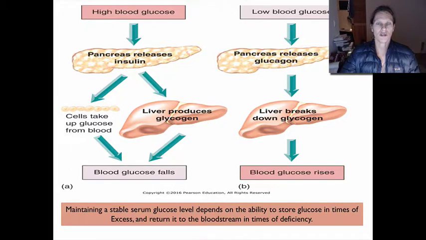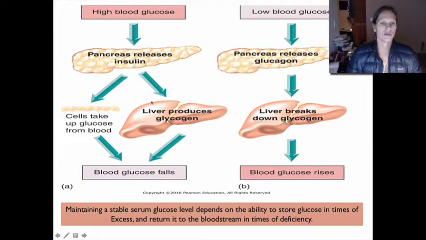So after a meal, for example, insulin is released from the beta cells of the pancreas, and insulin then binds an insulin receptor, which causes glucose transporter channels to be inserted in the cell wall, and glucose then can travel from outside of the cell, or from the blood, into the cell. So you see on the slide there that cells take up glucose from the blood under the influence of insulin.